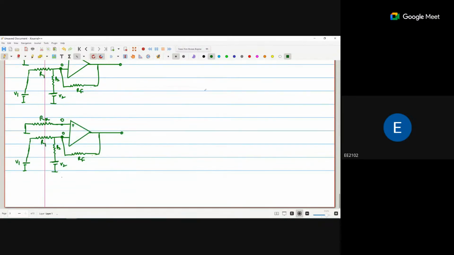Now V2 is grounded. Now see that if V2 is grounded, so this point is grounded, that means this point is grounded. So this is 0 volt, this is 0 volt.